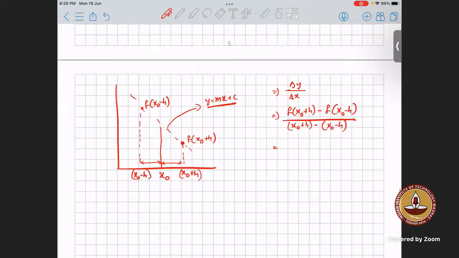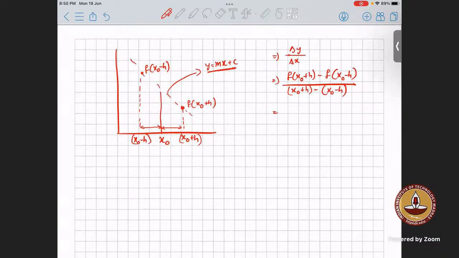Look here. Function f of x is equal to y, sorry, mx plus c. Now f of x naught plus h equals m into x naught plus h plus c. Agree?